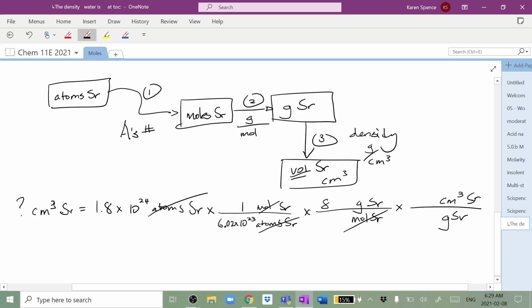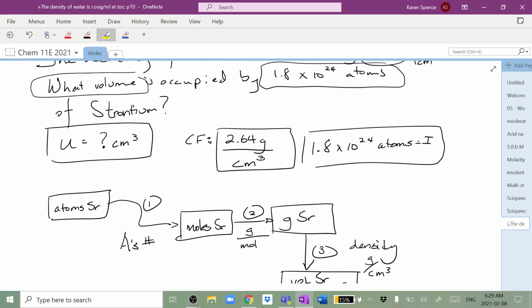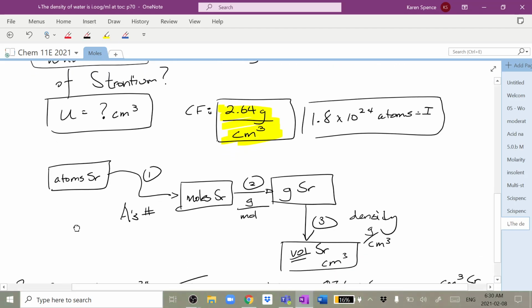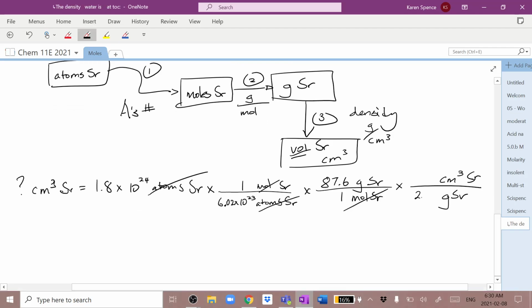That is 87.6 grams of strontium per 1 mole. And we were given density in the question, 2.64 grams per centimeter cubed. And we get 99.2 centimeters cubed.